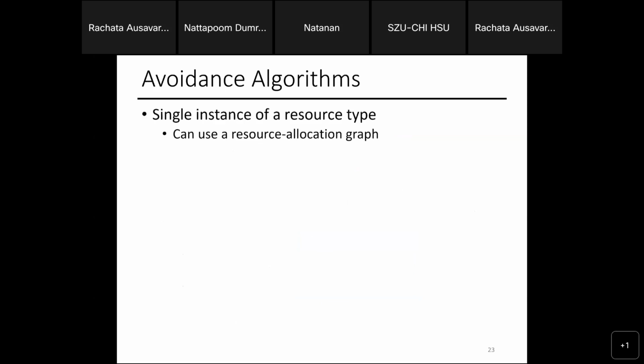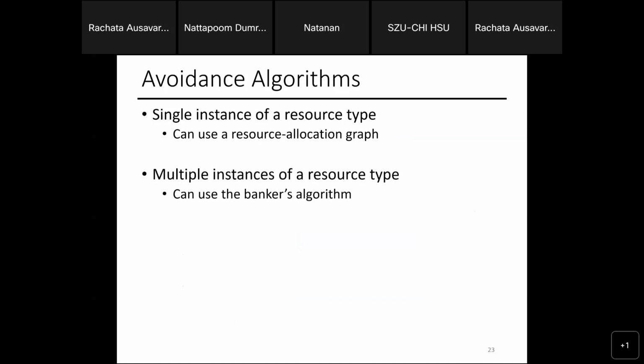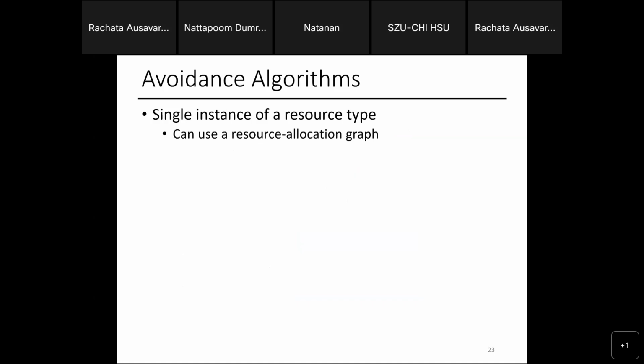So here's the avoidance algorithm, right? If you have only a single instance of a resource type, which is not realistic, right? It just means like you only have the CPU, for example, or you only have the memory but not the CPU. Not sure how that's possible. Oh, my bad. Okay, first I read it wrong. Sorry. The first case is like, let's say you only have one CPU and a single instance of memory.